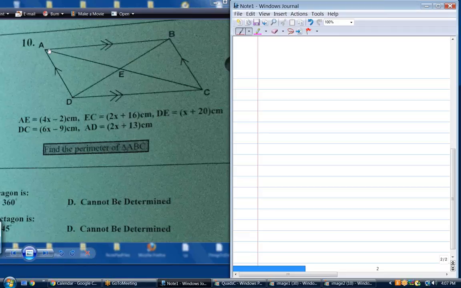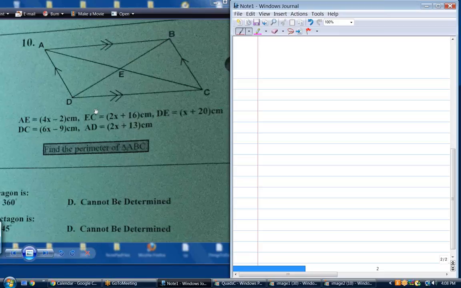Therefore, it's unlikely that AE would be equal to DE. What AE is equal to is EC. In other words, this diagonal does bisect this diagonal. So I've got AE equal to EC, and I also have DE equals EB.